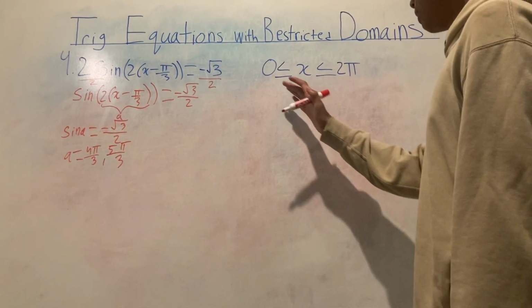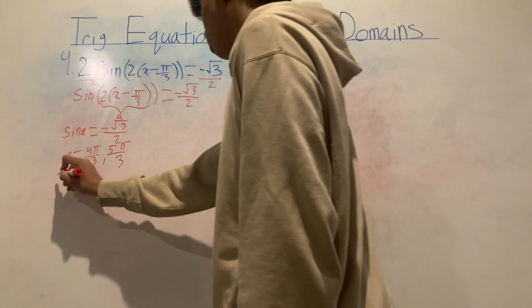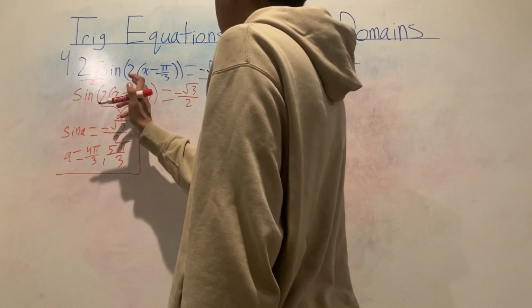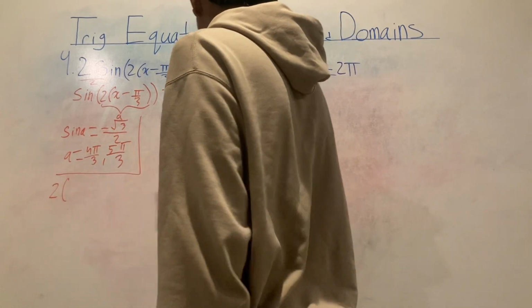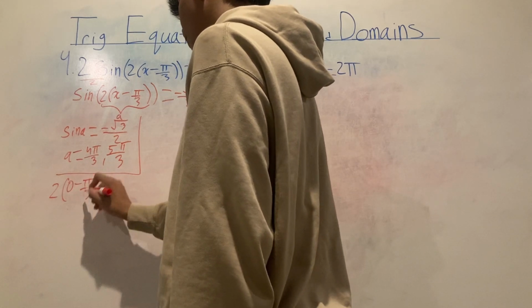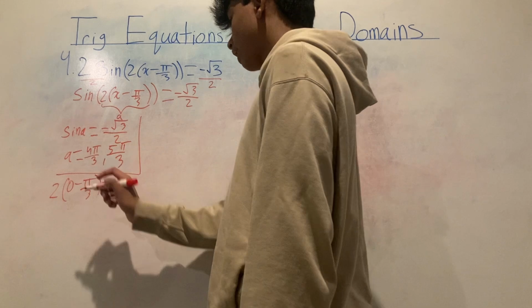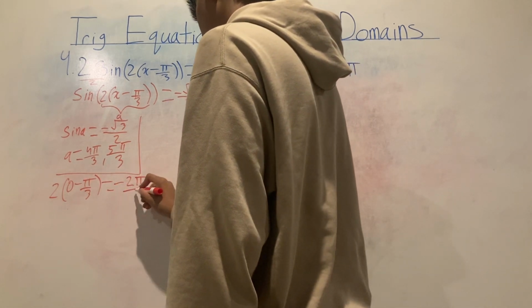And now we're going to take this domain and once again, we're going to expand it. So let's draw a line here. And this time it's 2 times x minus pi over 3. So 2 times 0 minus pi over 3 equals, so 2 times negative pi over 3 is just negative 2 pi over 3.